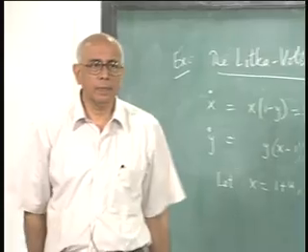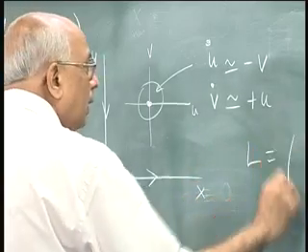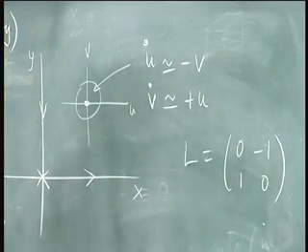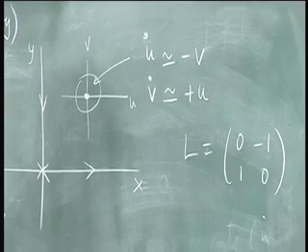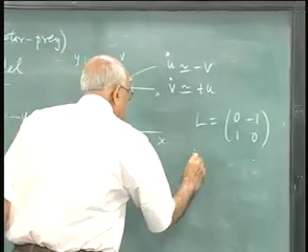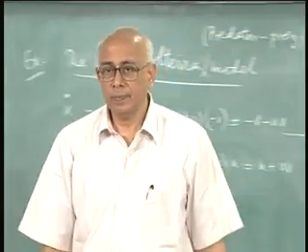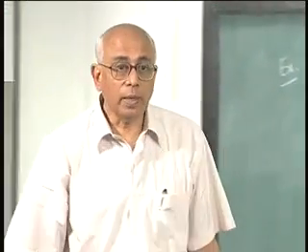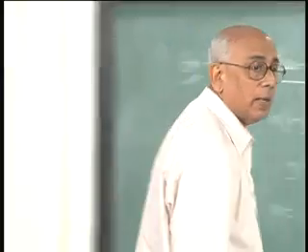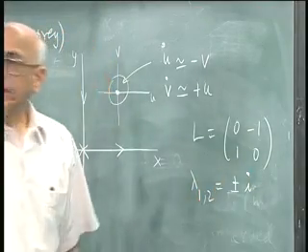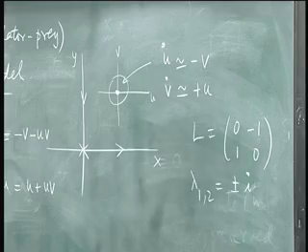Linearizing. Now the matrix L, so this says L equal to 0, minus 1, 1, 0, and what are the eigenvalues of this matrix? Plus or minus i. That is a pure imaginary set of eigenvalues.